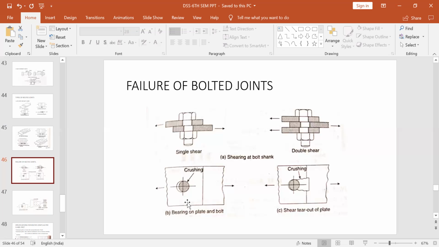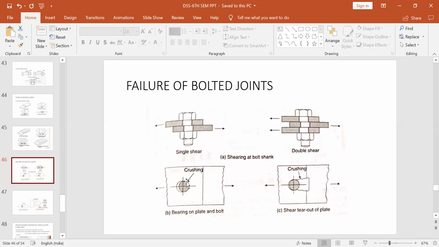This occurs only when there are huge compressive stresses. You have learned earlier that crushing will occur when compressive load is tremendous, or if the tensile load is tremendous, then tearing will occur. Because of this crushing, when the bearing force exceeds the bearing capacity, the plates or the bolt will fail.